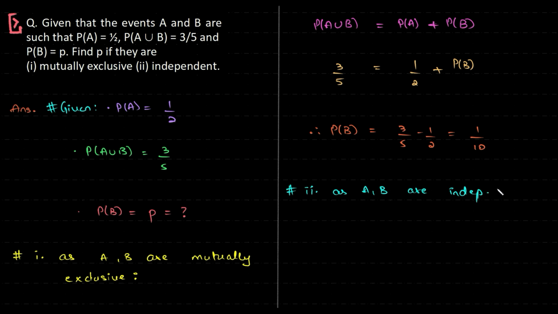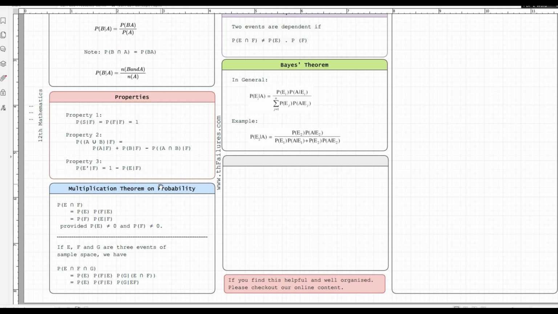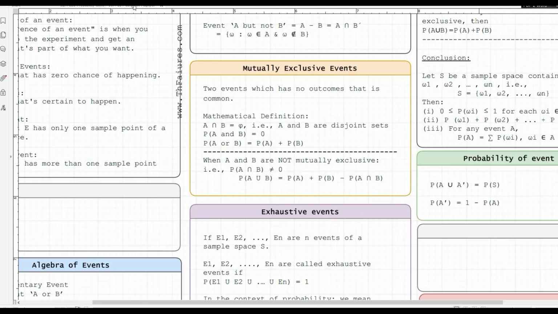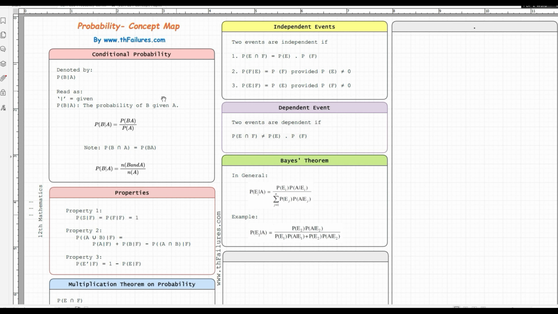Okay. So, when they are independent, how will our formula change? Can we use this? Remember, here we talk in terms of events, and here we talk in terms of probability. So when they are independent, what is the condition?